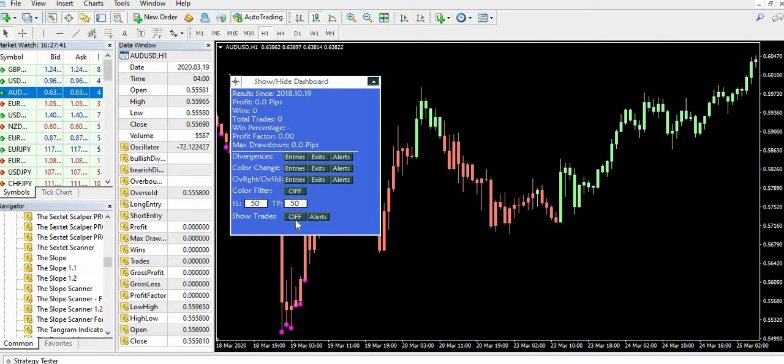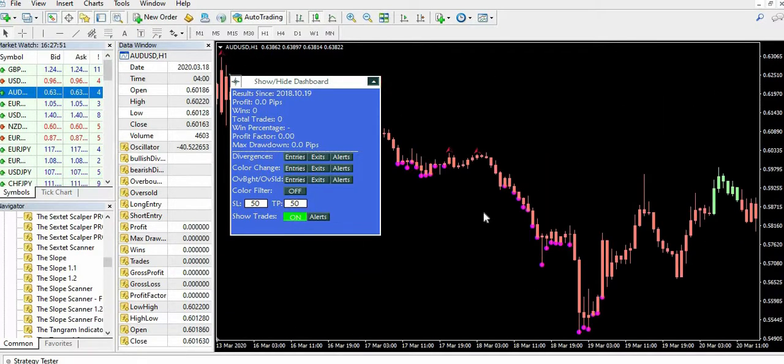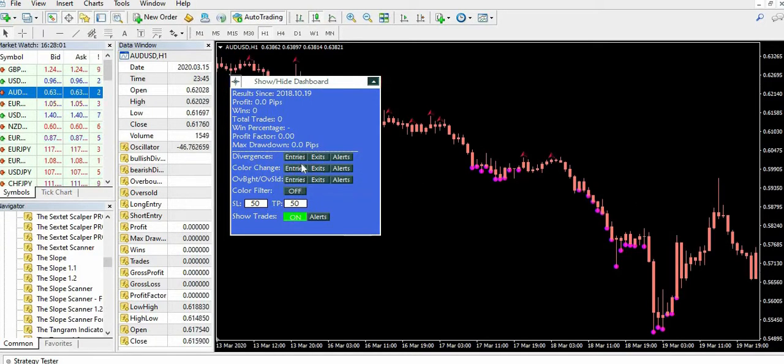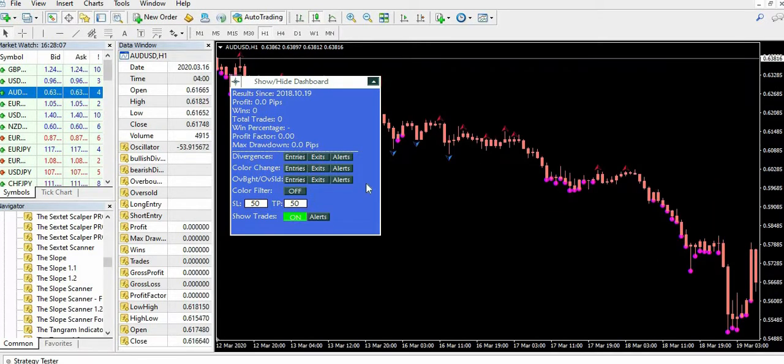First we start by enabling the show trades function here. When we click this, we allow the indicator to give us entry signals, okay? But it's up to you to decide what these entry signals are. We have several options, and I'm going to show you how to play around with these options to get the best strategy based on the Tangram indicator.